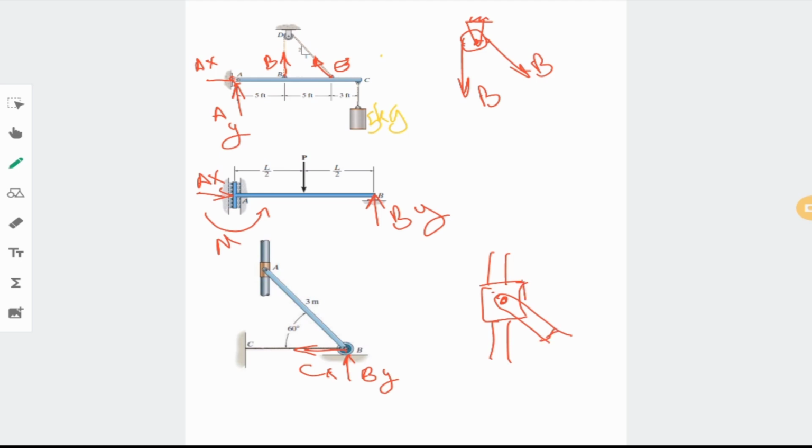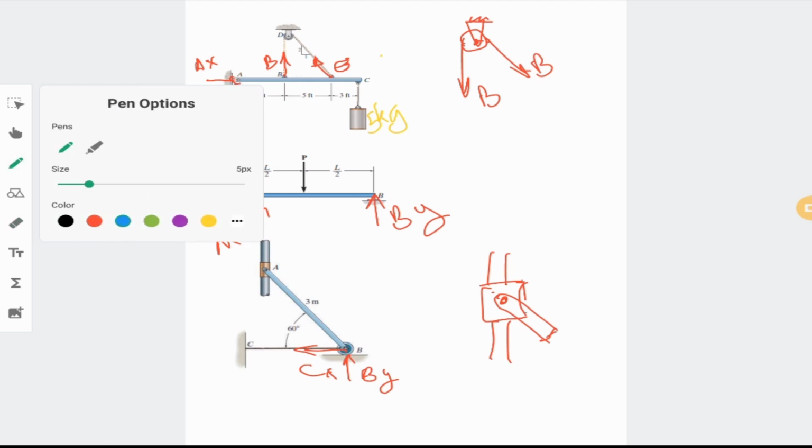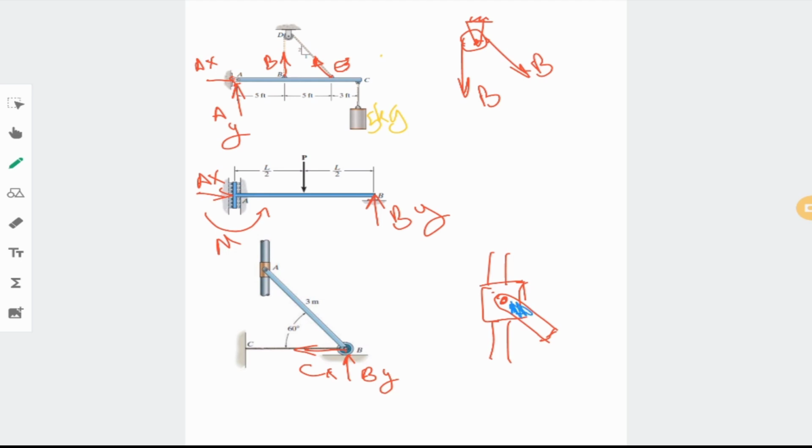By cutting, I mean forget about the rest of the mechanism. You have a blue part here, for example, which is connected to a slider, and you want to tell me how this can move. I would say because we have a hinge here, this can rotate. That's why we don't have any M here, meaning no moment.